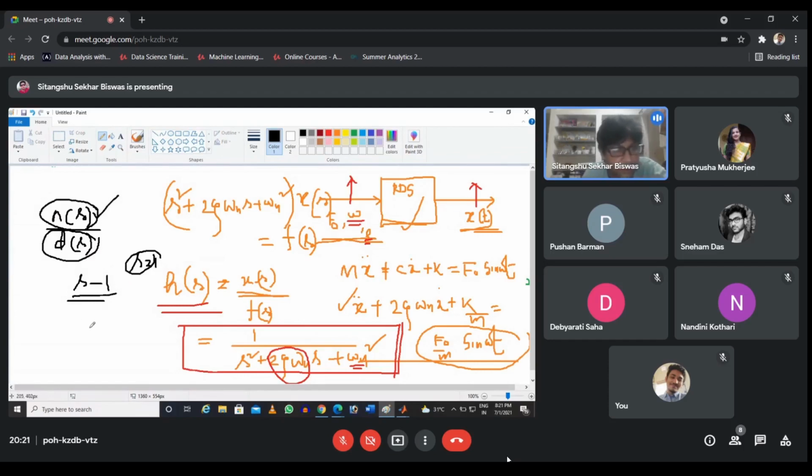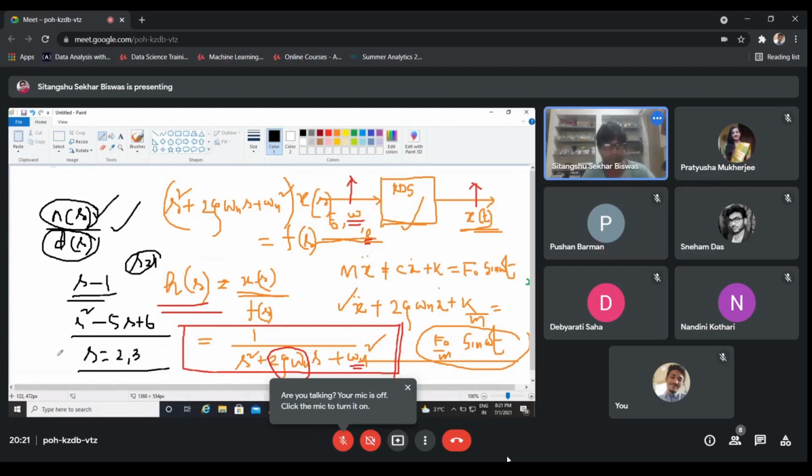Now if you solve the denominator, s square minus 5s plus 6, s is equal to 2 and 3. That means the transfer function has two poles at s is equal to 2 and 3. These are the two important terminologies we need to know.